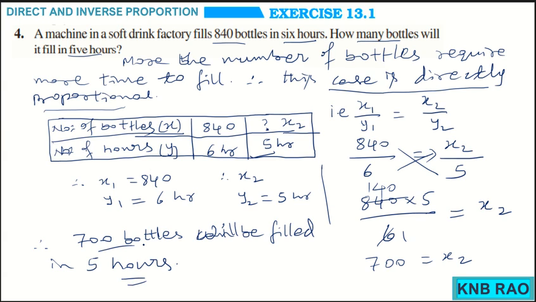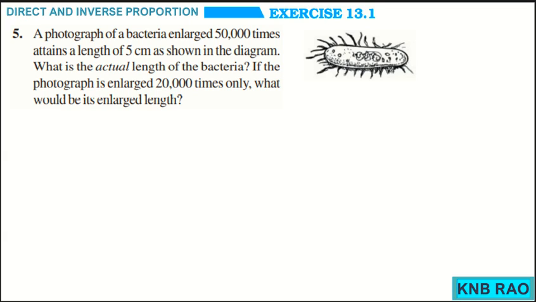Now, coming to question number 5. A photograph of bacteria is enlarged 50,000 times to attain a length of 5 centimeters, as shown in the diagram. What is the actual length of the bacteria? When you enlarge 50,000 times using a microscope, the length is 5 centimeters.